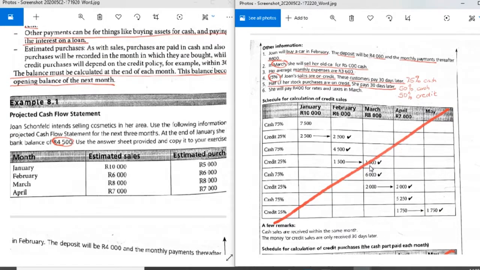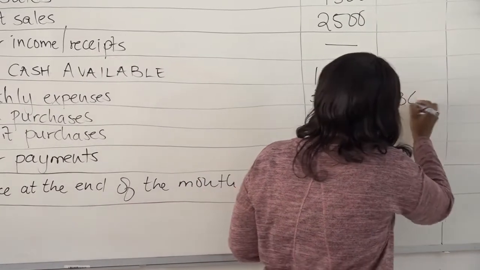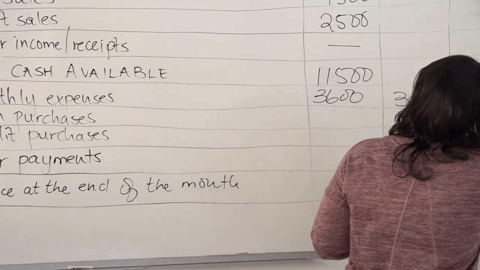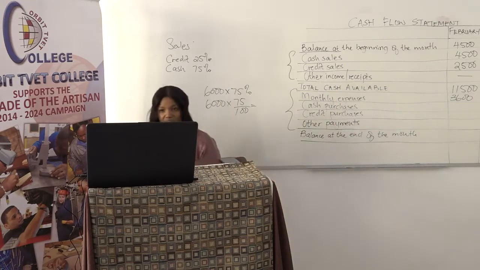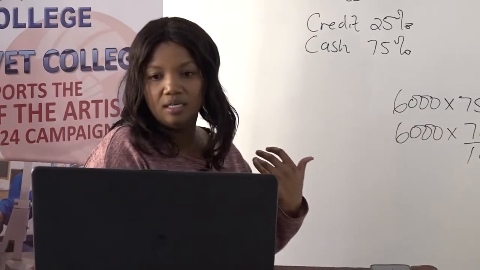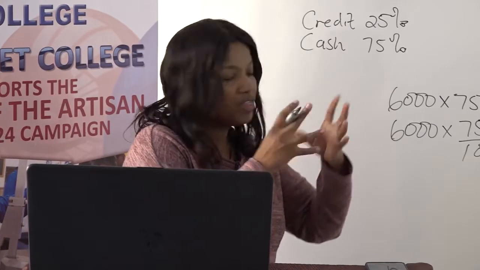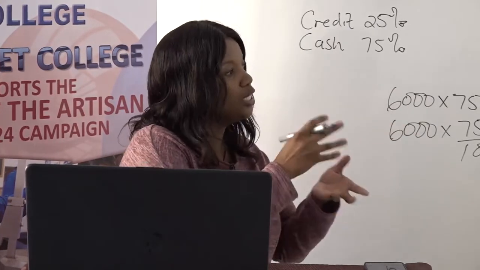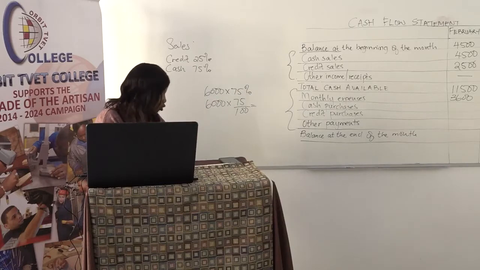Please allow me to write 3,600 to the last month so that we don't forget. So we covered the monthly expenses, the amount is given. Sometimes they don't give you the total amount. They give you transactions like salaries, wages, rent, electricity, telephone. So if they are giving you individual accounts, you need to add those amounts, then come up with a total.